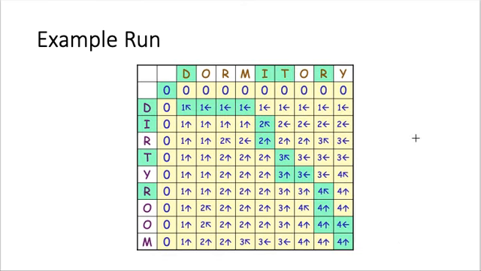Now, the process of backtracking is actually simple. We now know that the last value here specifies that the LCS has length 4. This 4 actually comes from the 4 above. What does that mean?